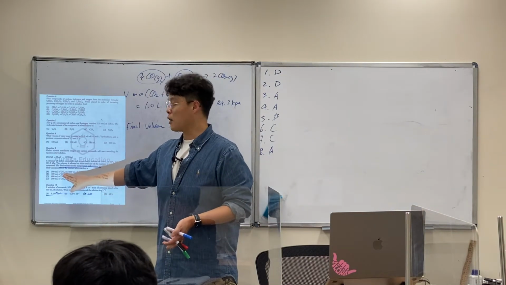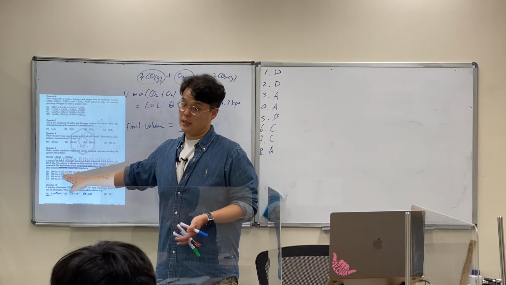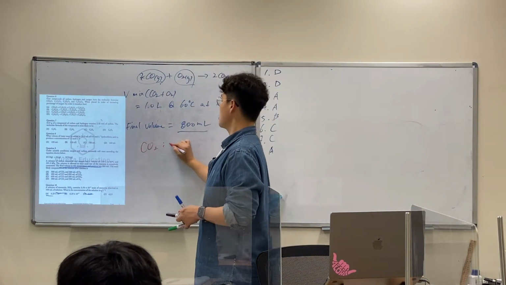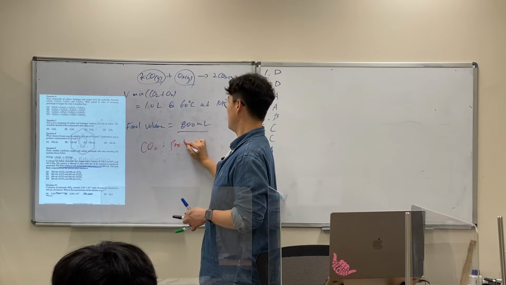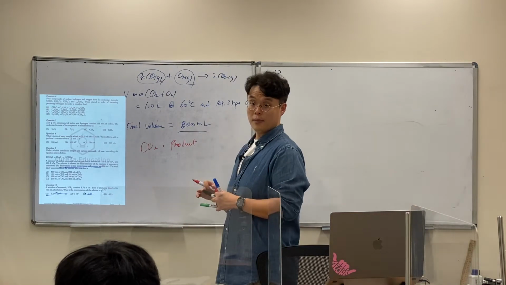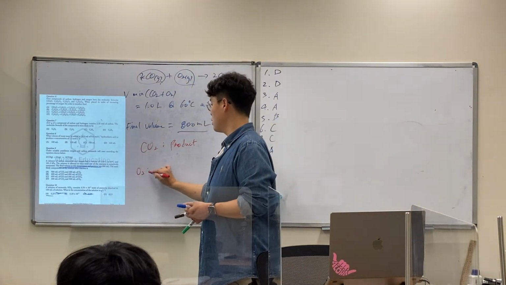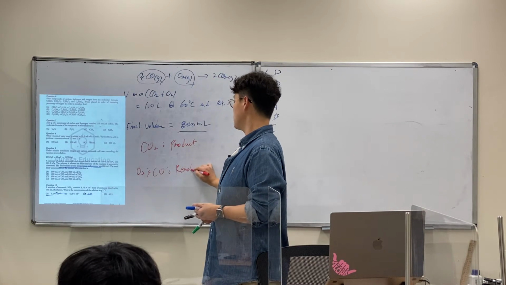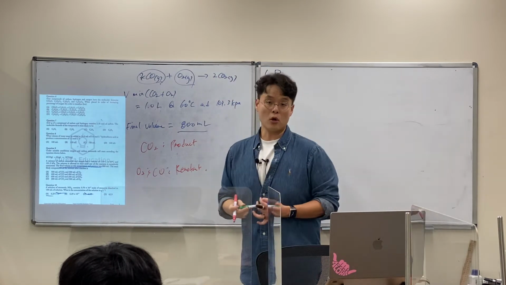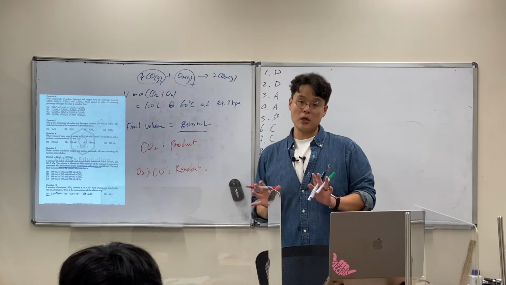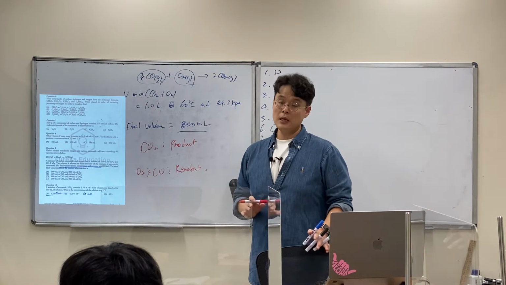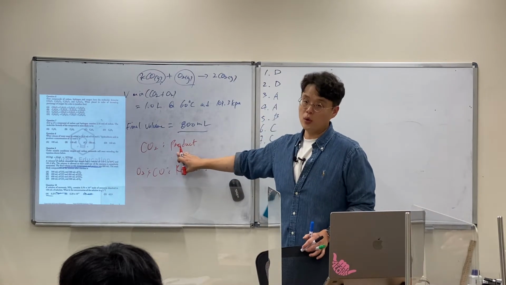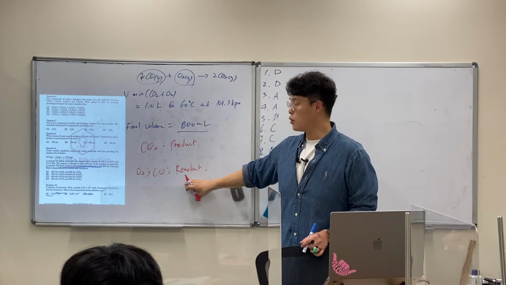CO2 is something that is produced, isn't it? So CO2 is your product, and O2 and the CO are the reactants. According to the gas laws, because we are dealing with the same number of moles here, the product volume will be determined by the volume of your reactants.